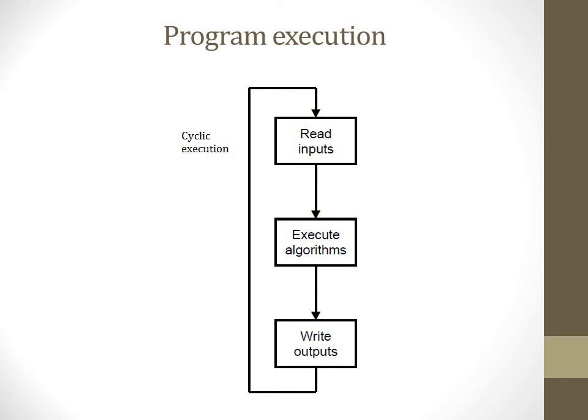Then this information is processed by the application program, and then the result of the application program is written into the outputs, and this program execution is repeated cyclically. So this is the main cycle of the PLC.